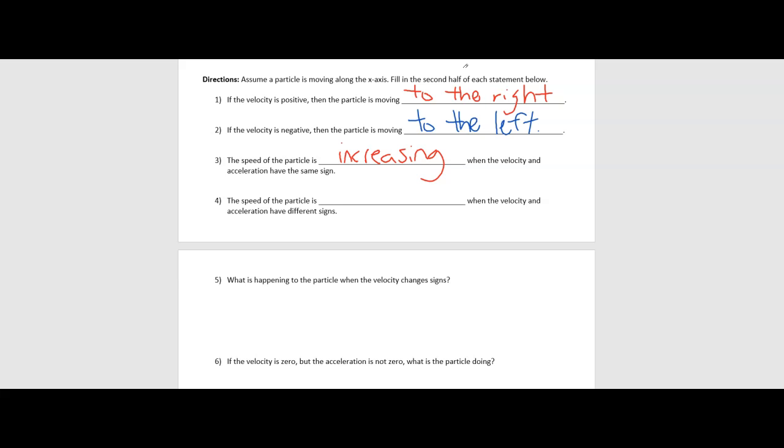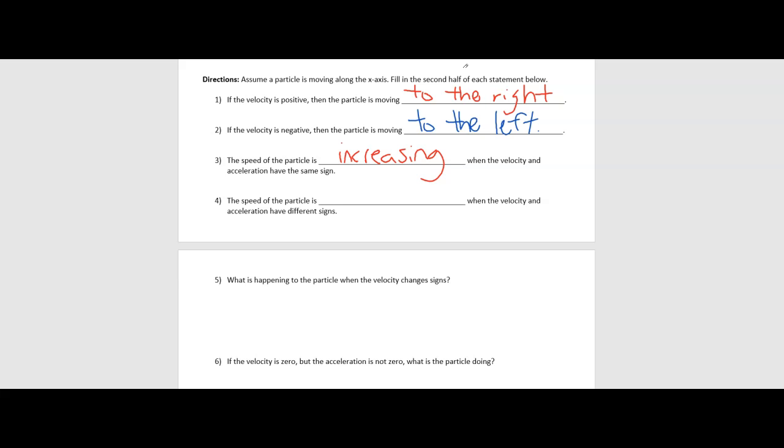When you hit the accelerator and your car is in reverse, your car speeds up, but you're going backwards, right? Because your velocity is negative, your acceleration is also negative, so you still end up speeding up, even though you're going in the backwards direction. So if your velocity and acceleration have the same sign, your speed is going to be increasing.